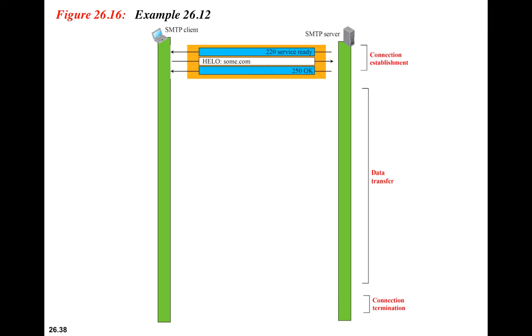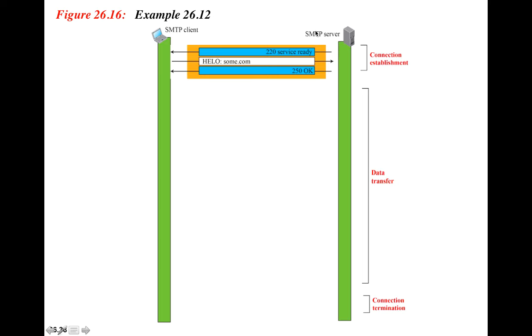Now, as I mentioned earlier, the SMTP server is always open because it is always expecting the client to contact it, to send something. So the client initially establishes a TCP connection with the SMTP server.